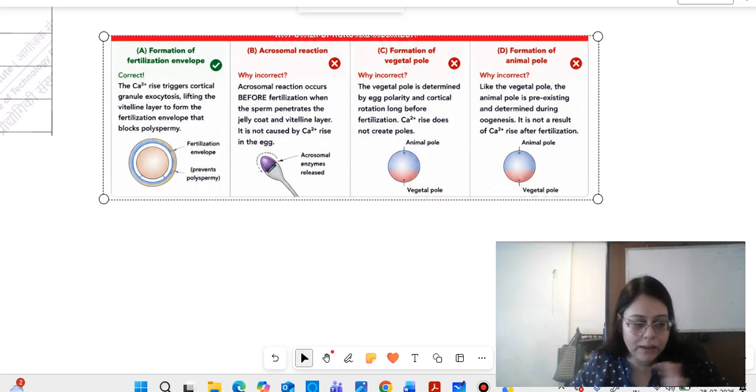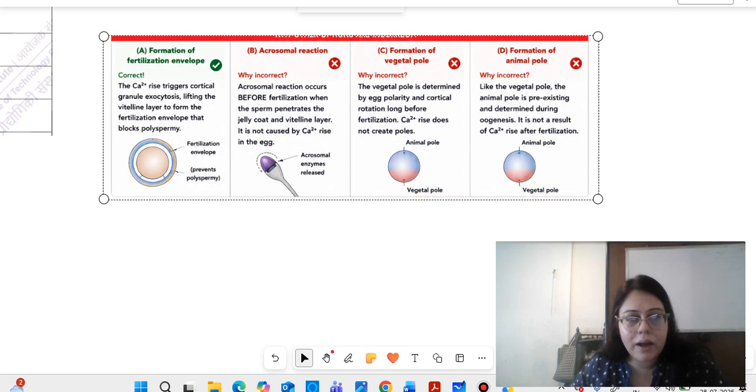Just after the sperm enters the sea urchin egg, there is a rapid increase in the cytosolic calcium ion concentration. This calcium spike triggers exocytosis of cortical granules, which modifies the fertilization envelope and helps in its formation. So the calcium ion triggers the fertilization envelope formation.